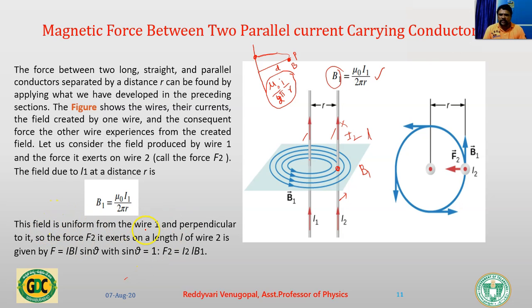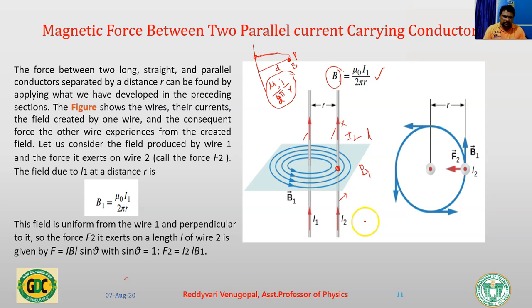This field is uniform from wire 1 and perpendicular to it. So the force F2 it exerts on a length L of wire 2 is given by F equals BIL sin theta. This is the common formula.